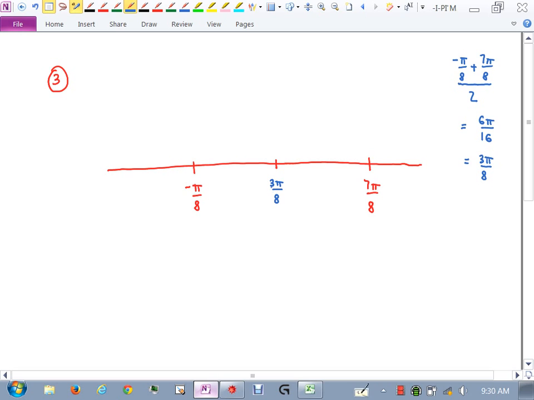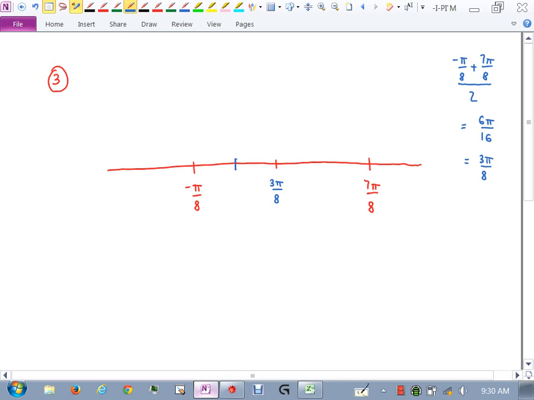And now we need to find one in between the negative pi over 8 and 3 pi over 8, which is here. So to do that one, we add these two, right? And then divide by 2. So maybe we can do this one mentally. Can you do that one mentally?